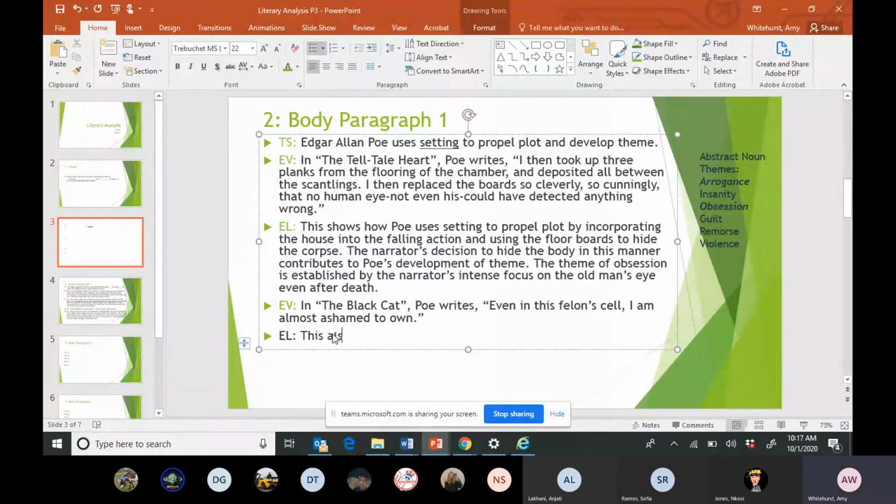So we can say this also shows how Poe uses setting to drive plot. Sometimes our essays can get very repetitive if we keep using the same phrases over and over again.